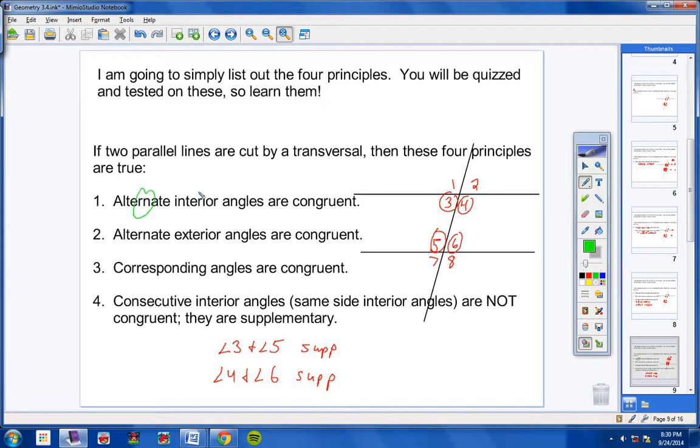The alternate interior angles are congruent. The alternate exterior angles are congruent. The corresponding angles are congruent. And the consecutive interior angles or same side interior angles are supplementary. And that's it. Okay? Alright.